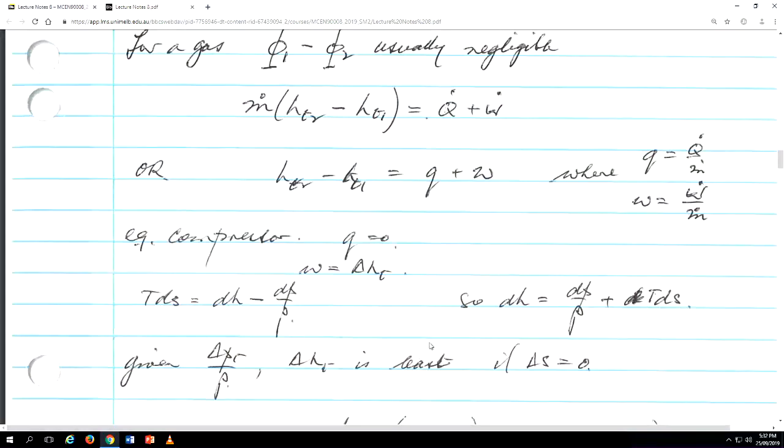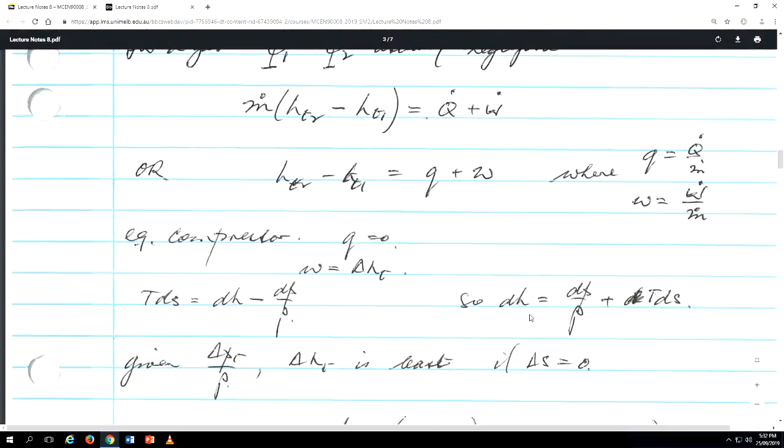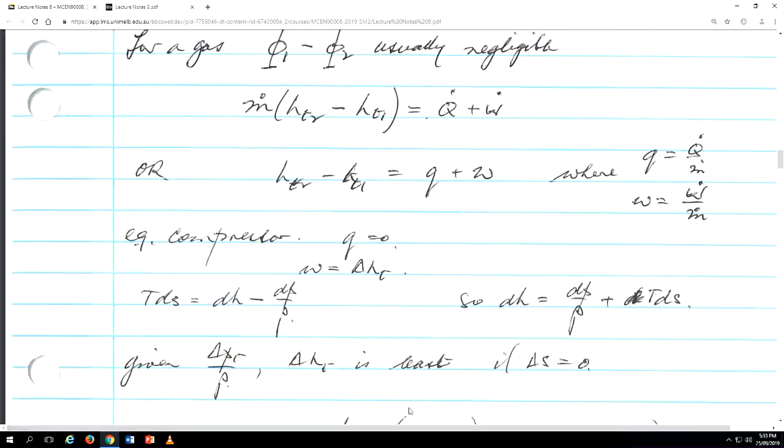So that says that this difference in total enthalpy will be least, because this will be greatest, if I'm given a delta P. This delta H will be least if delta S is 0. So the change in the total pressure divided by the density and the change in enthalpy will be least if delta S is identically 0.